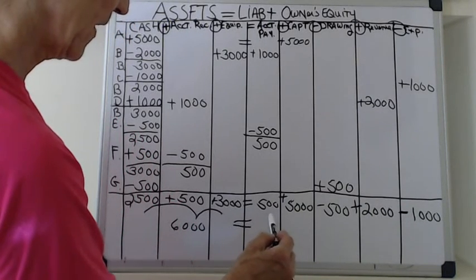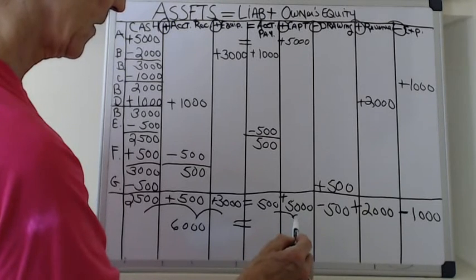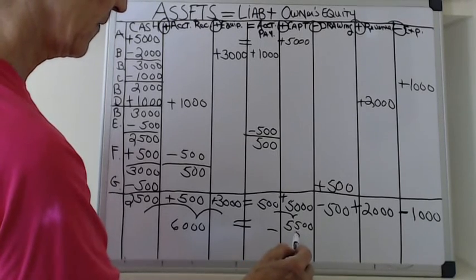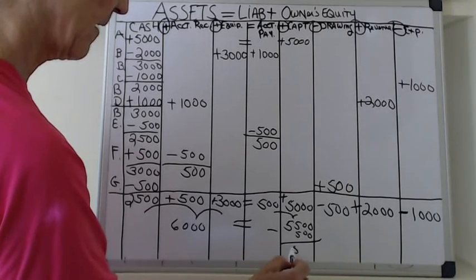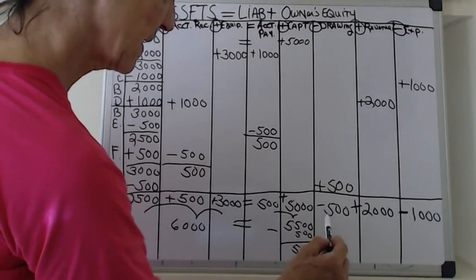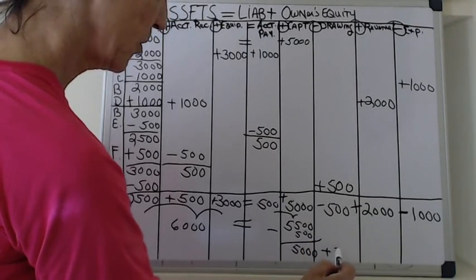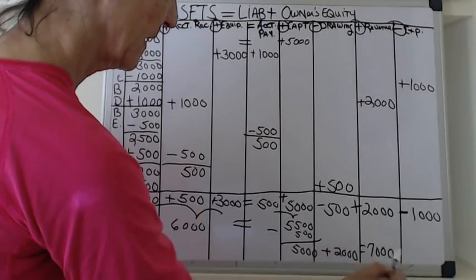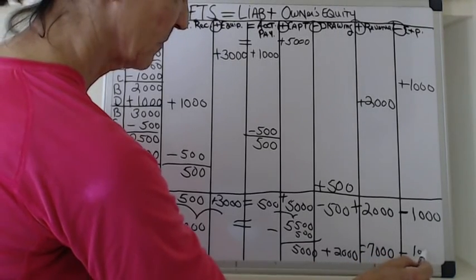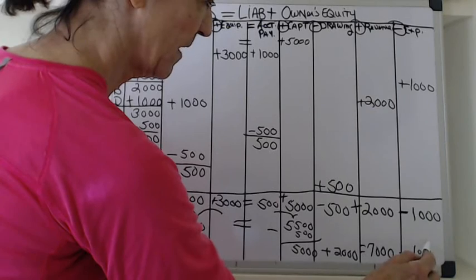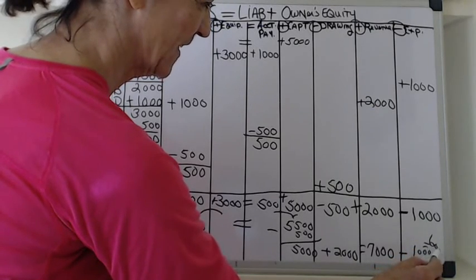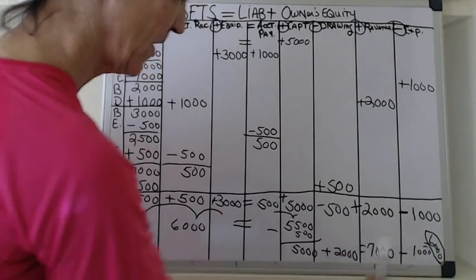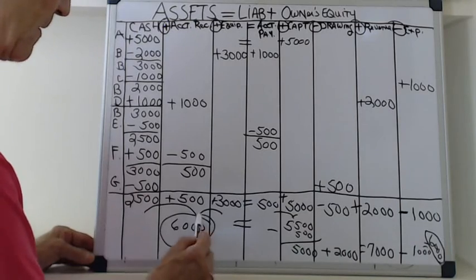So 500 plus this right here would be 5,500 minus 500 would be 5,000. 5,000 plus 2,000 equals 7,000 minus that 1,000 equals, oh my goodness, I'm running out of room, equals 6,000. So I balance. Here's my total, 6,000 here that I equaled here, and here's my 6,000.